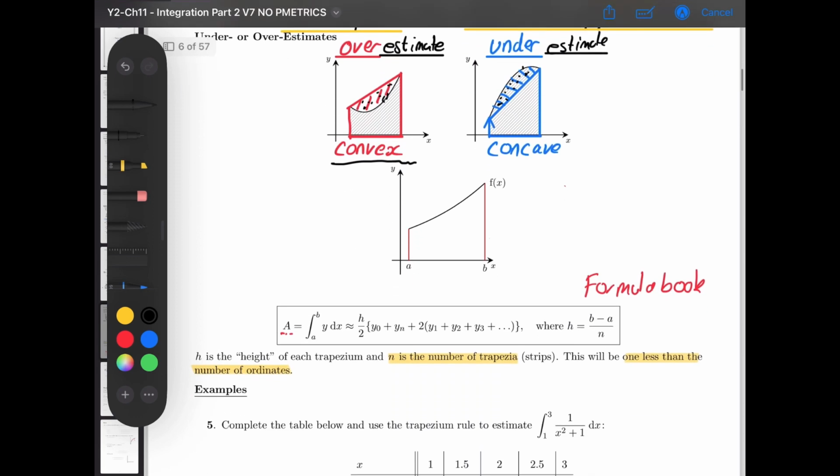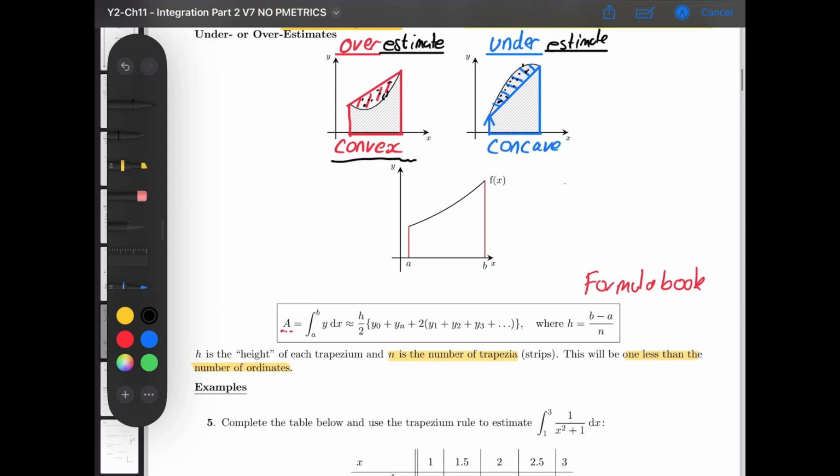In a similar way to our previous example, we can think about what would happen if we split the area under a curve into n trapeziums. So we would start from a, we'll call that the starting x coordinate, x0, and we would have xn as the last one for b.